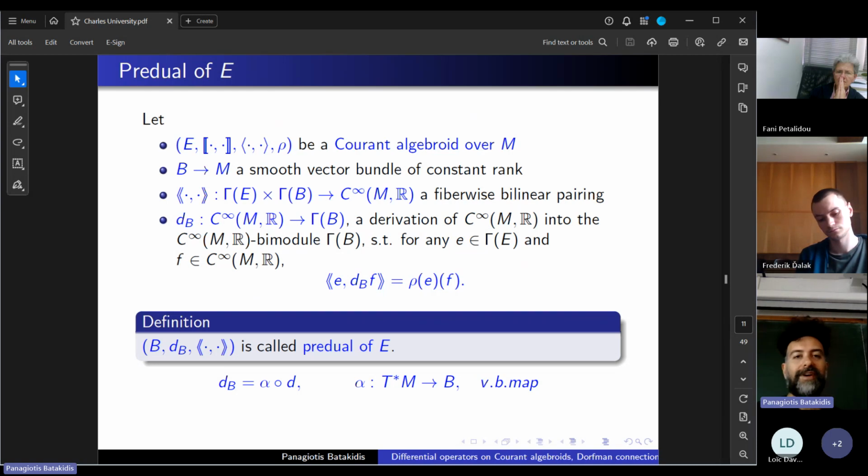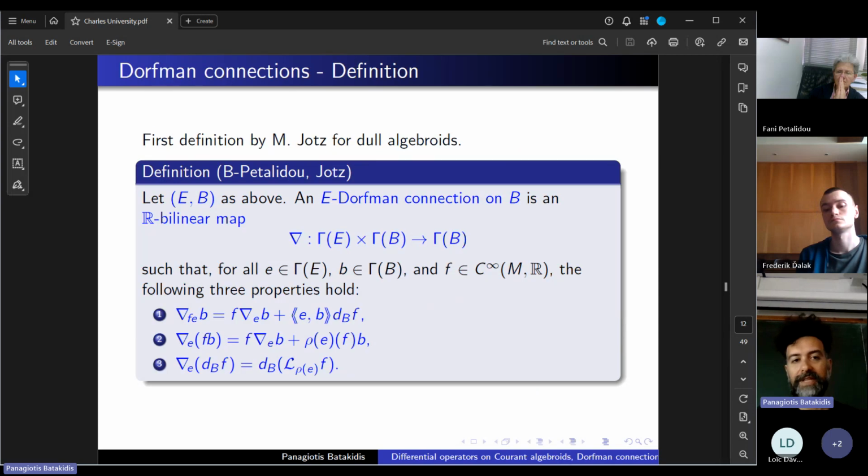Now, the Dorfman connection is something that you can define for a Courant algebroid and a pre-dual vector bundle. And that's the definition. We were not the first to define Dorfman connections. Madeleine Zotz was the first one to do it, for dual algebroids. But there is a small difference: we took the condition for DB to be a derivation, something we added for other things to make sense.